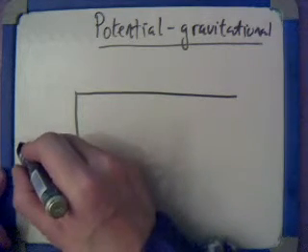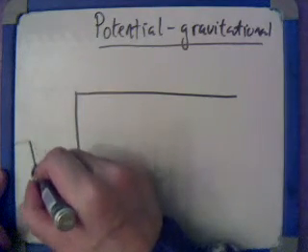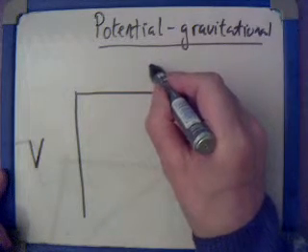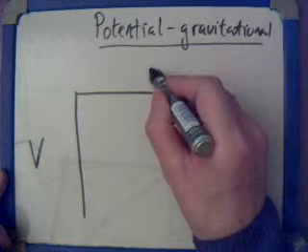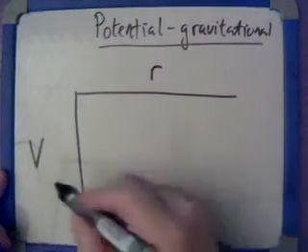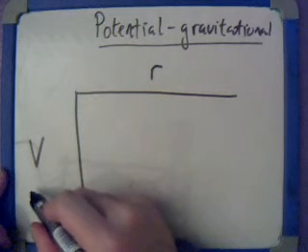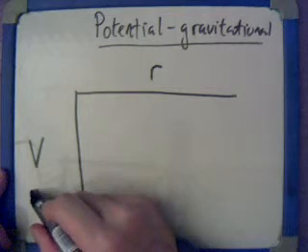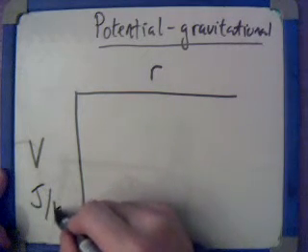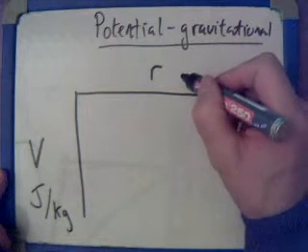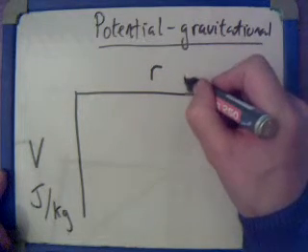Here is the potential, the gravitational potential, and here is the distance from the center of the planet, r. The gravitational potential is in units of joules per kilogram, and the distance, let's keep it in meters.